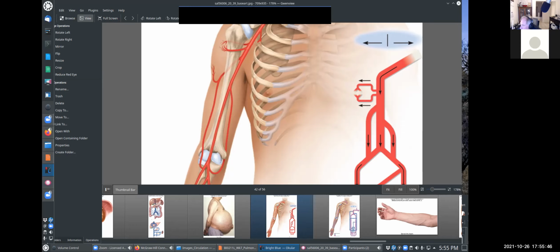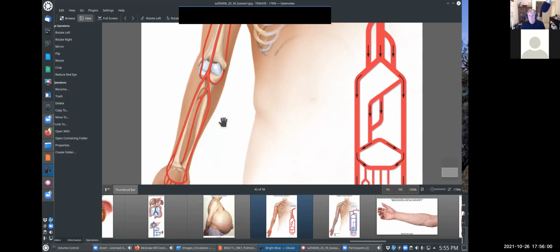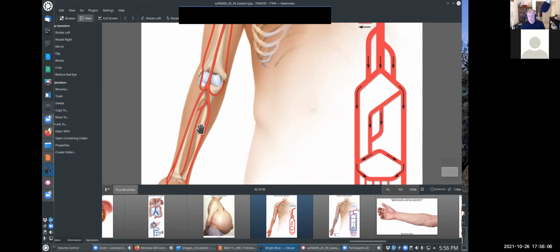I think it's after these circumflex arteries, but I wouldn't worry about that right now. It'll be marked pretty clearly. So as you know, this is the brachial artery that comes down here. And then what's it split into? Oh, the radial ulnar. There you go. That's good. Yep.